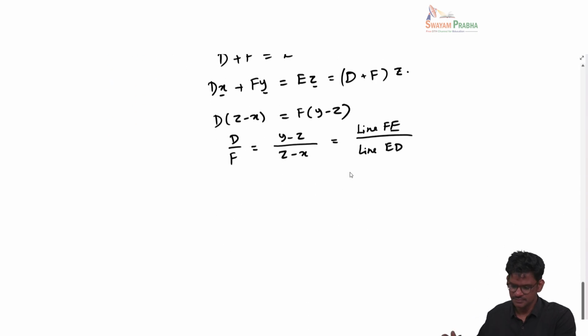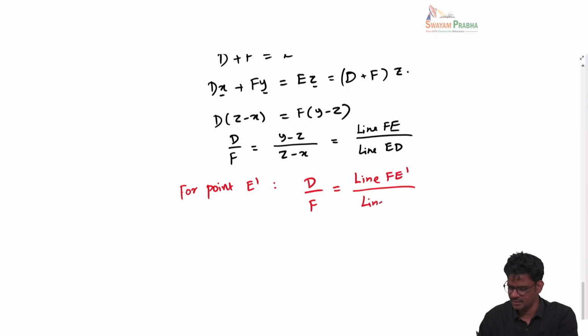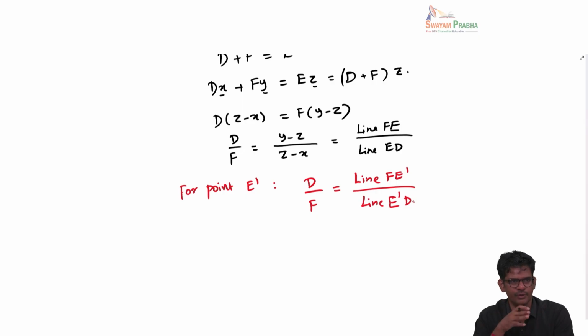Okay, so for point E prime, you will see that D by F will be equal to line F E prime by line E prime D. So what would happen? Are you getting more liquid or less liquid? By going from E to E prime, will you get more liquid or more vapor?